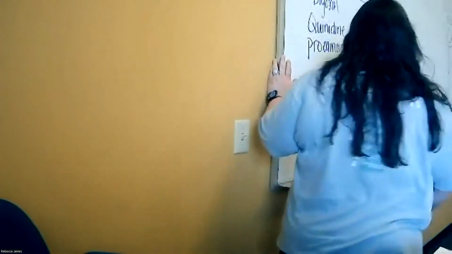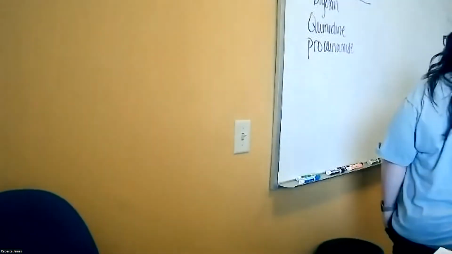Procainamide. Guess what it's used to treat? Cardiac arrhythmias. You may also be familiar with disopyramide, which is also called Norpace. That's the brand name. It's another antiarrhythmic drug. Okay, so those are your cardioactive drugs.